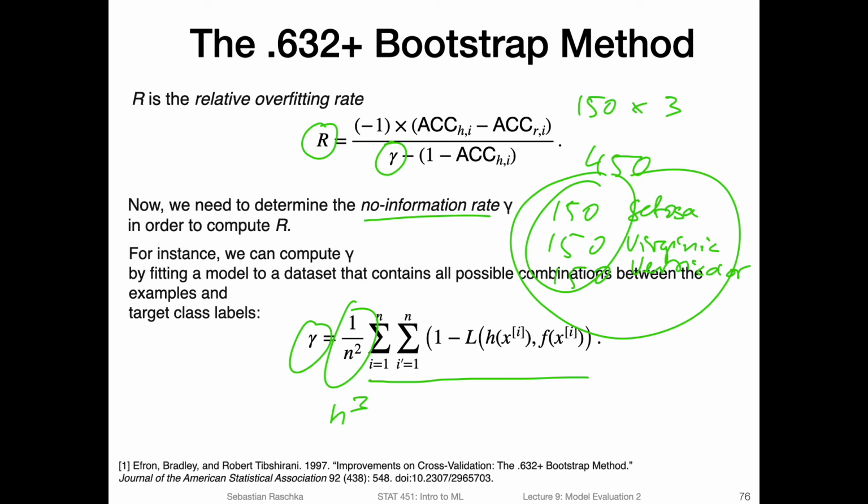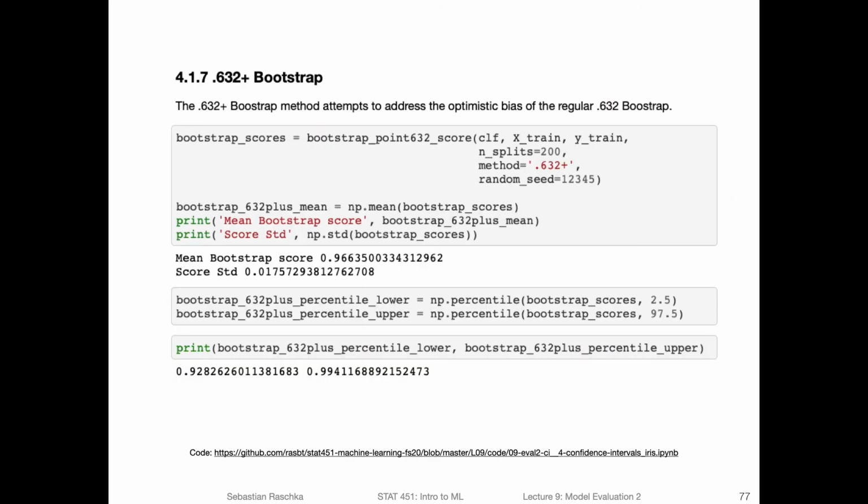You don't have to implement that by hand because I've already done that for you. So again, I implemented this in MLxtend. So here it's again our familiar bootstrap_point632_score method. And if you choose the option 0.632 plus, it will perform this 0.632 plus bootstrap. So again, the same approach. We get the mean bootstrap score and the confidence interval.